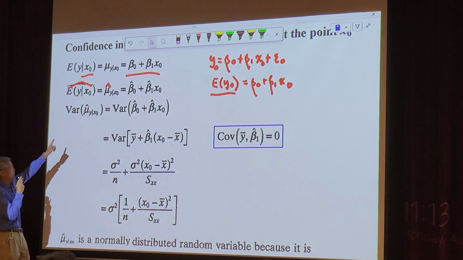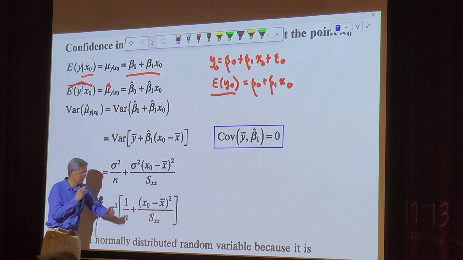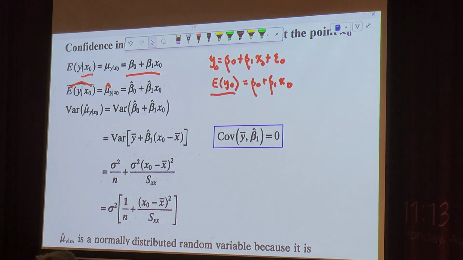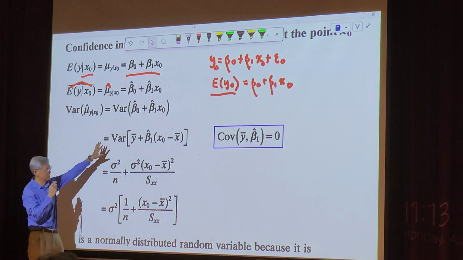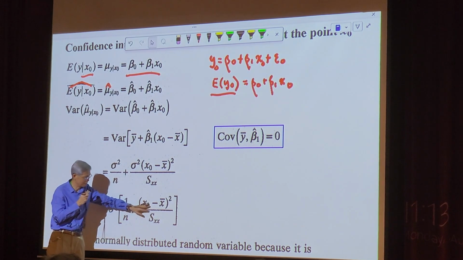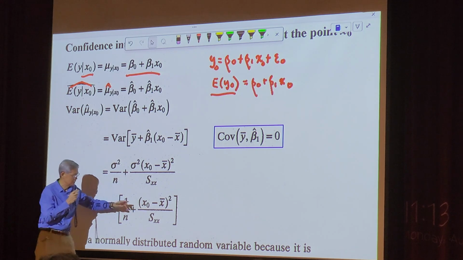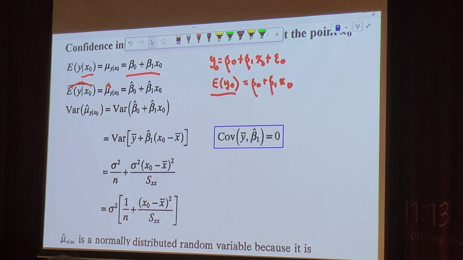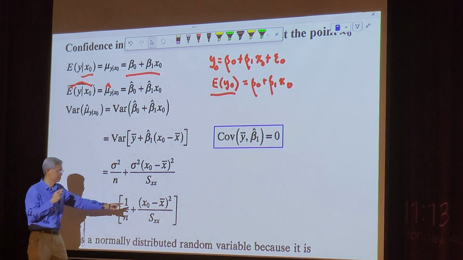So the variance of y at x naught is this, and it depends on how far it is from the center, x bar. What does that mean? Look at this. The derivation is important, but this final result is also important. We want to estimate the mean of y at a particular value of x naught.